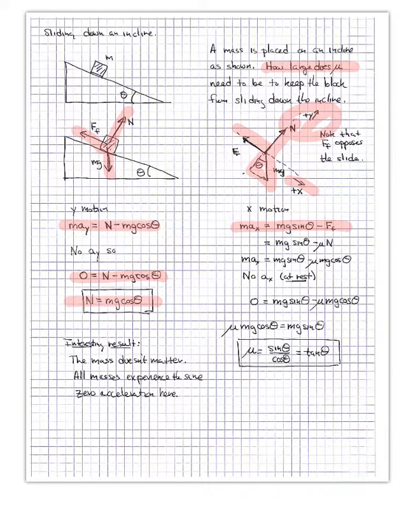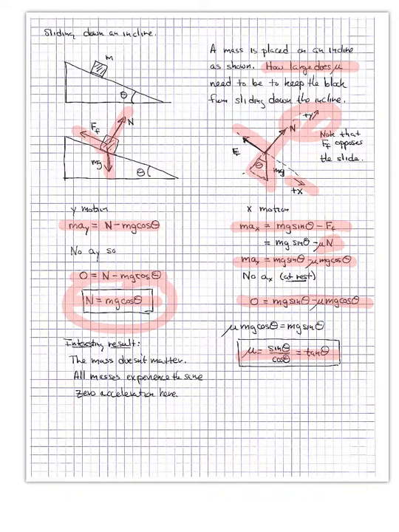So I could go ahead and substitute in there for mu n, and then actually put in everything: mg sine theta minus mu n, where n was this thing I found over here. Now, the key to this problem is there is no acceleration. It sits there at rest, which means that a_x is 0. So I can actually make this very simple and then do a little algebra and solve for the required coefficient of friction.